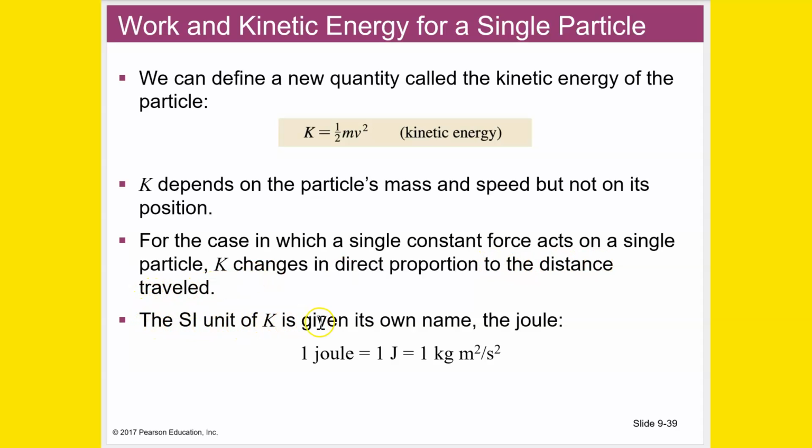The SI unit of K is given its own name, the joule, and here is the breakdown of what the joule is in SI units. It's 1 kilogram times meters squared per second squared, or meters per second quantity squared. That is velocity squared. So it's mass times velocity squared. So kilograms times meters squared per second squared.